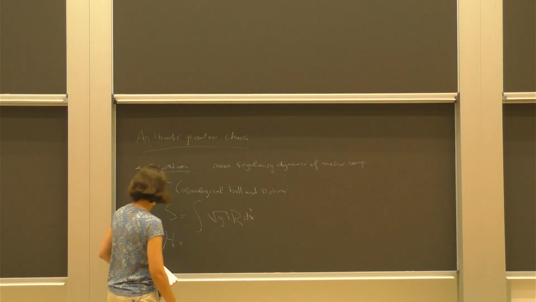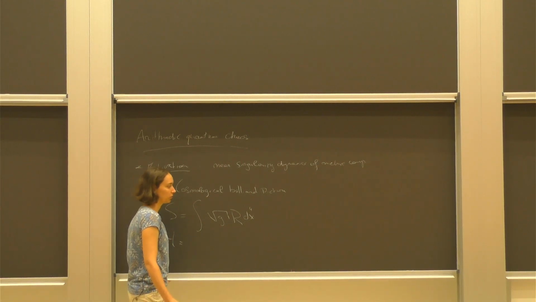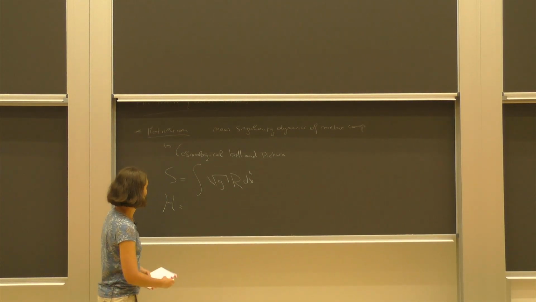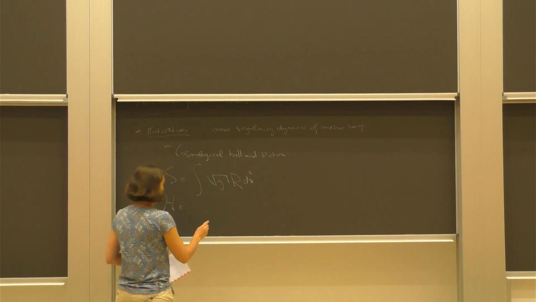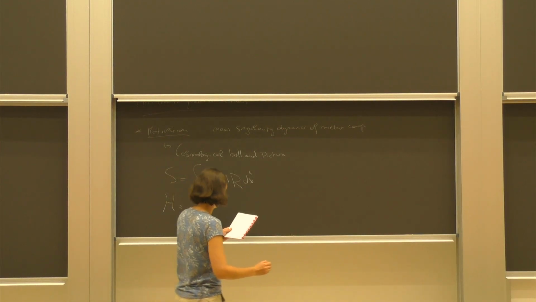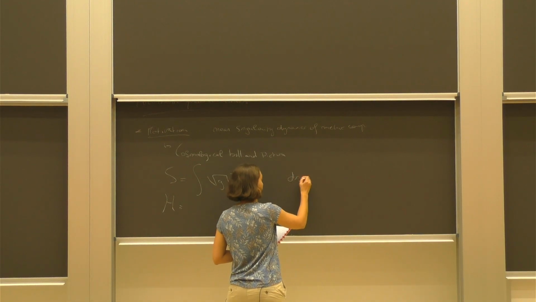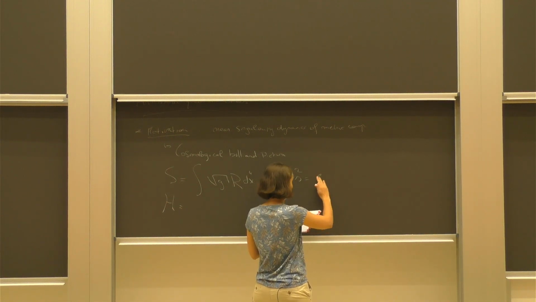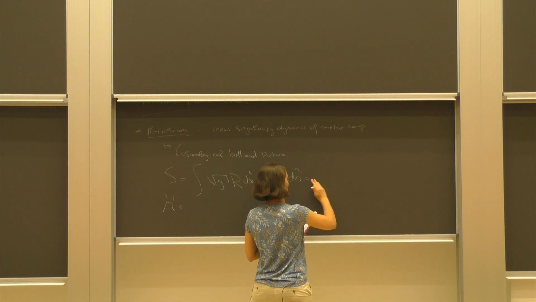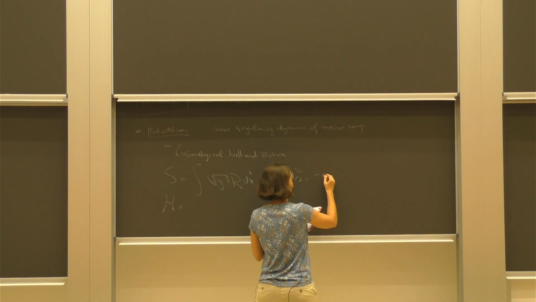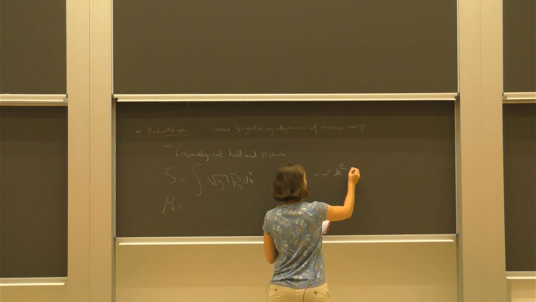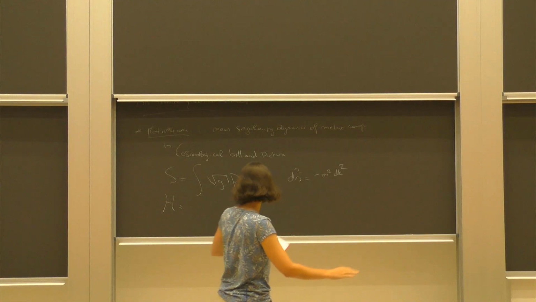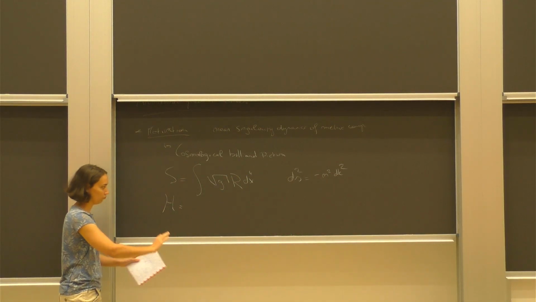And I guess this blackboard does not, oh, it does go up, okay. Whenever you do this, I'll write down what the metric is, and it is useful to use a 3+1 decomposition because we're interested in the Hamiltonian.